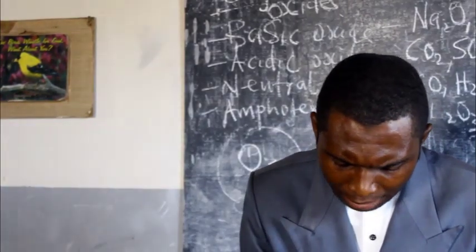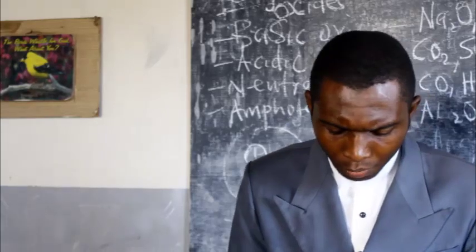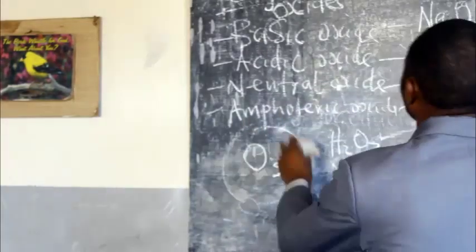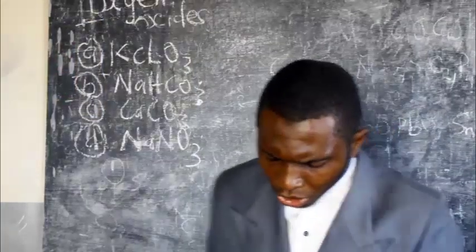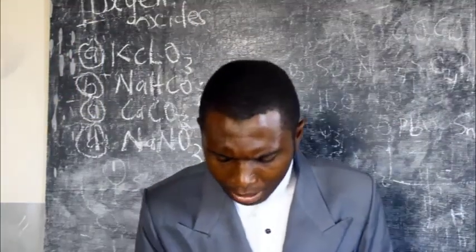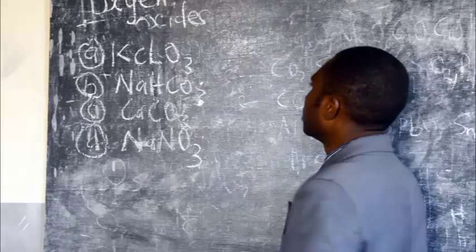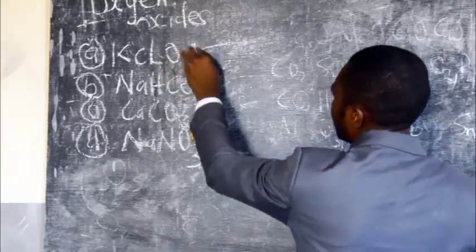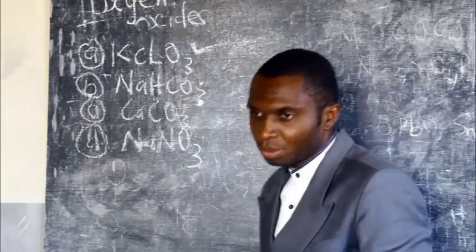Oxygen can be prepared in the laboratory by heating which of these? The answer is potassium chlorate. You heat it, oxygen will be produced.